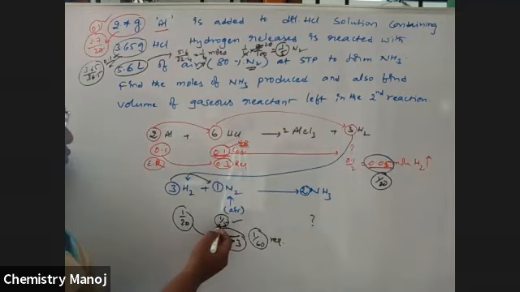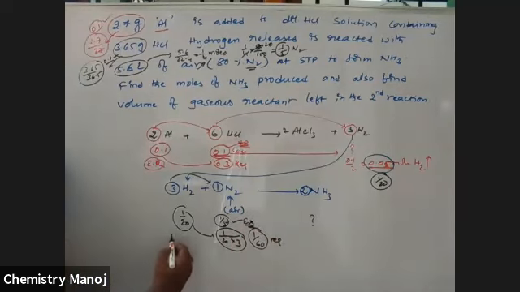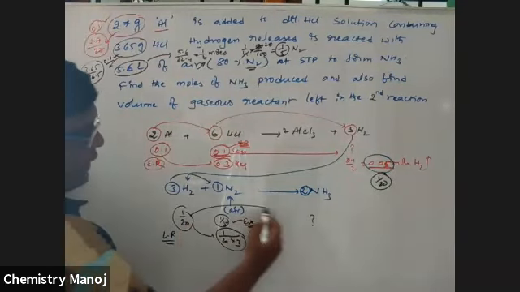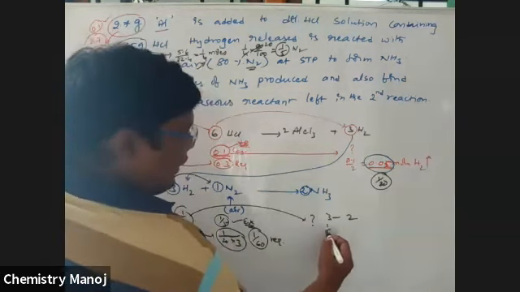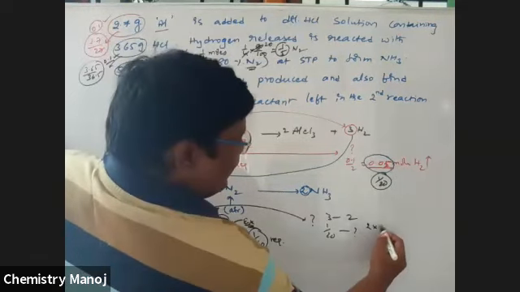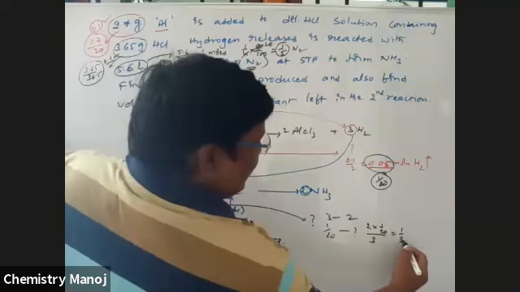The given amount is more than the required amount. It is excess. Hydrogen is the limiting reagent. So 3 moles gives 2 moles. So 1 by 20 gives how much? That is 2 into 1 by 20 by 3, that is 1 by 30 moles.